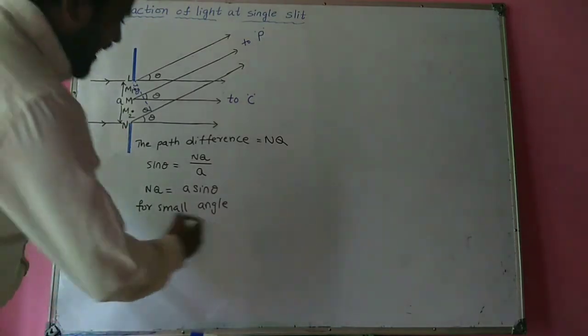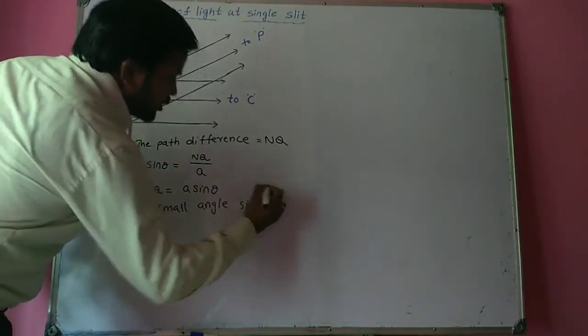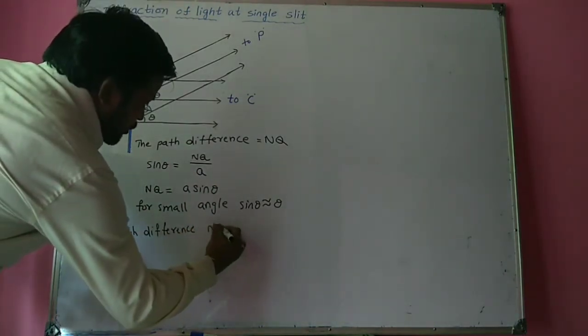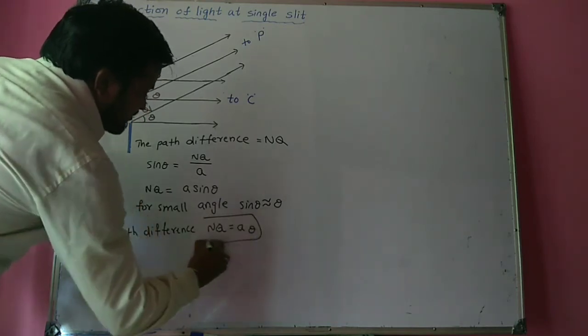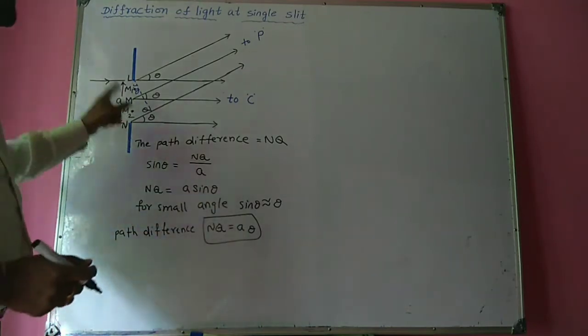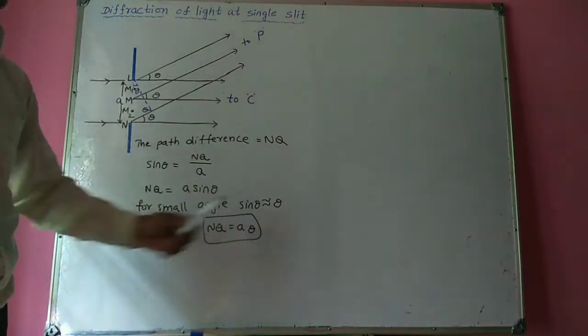Now for a small angle, sine theta can be considered equal to theta. That means the path difference NQ is equal to A theta, that is, the width of the slit times the angle. That is the path difference expression, A into theta.